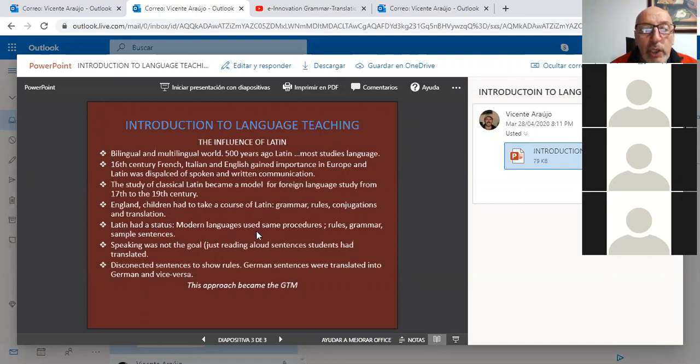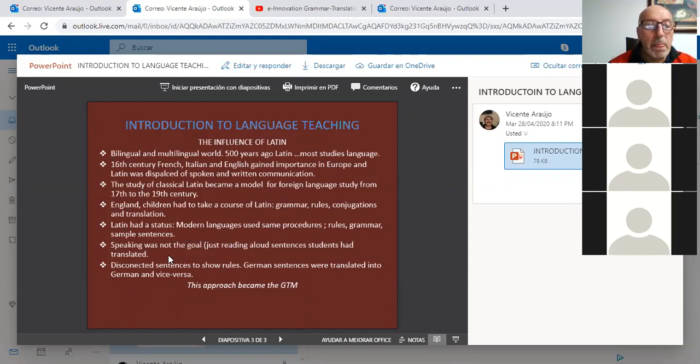Modern languages used the same procedures. And nowadays, think of this, we also study rules, grammar, and sentences. That's the influence of Latin.